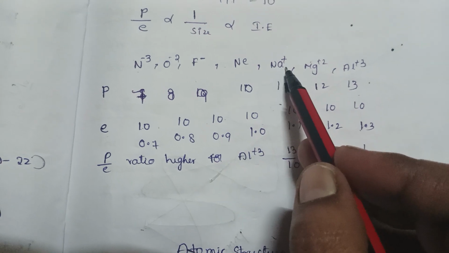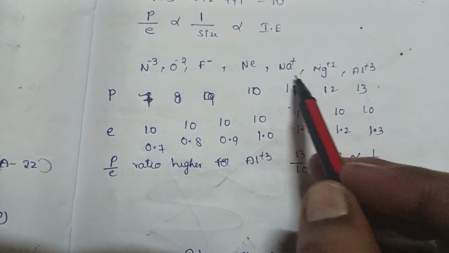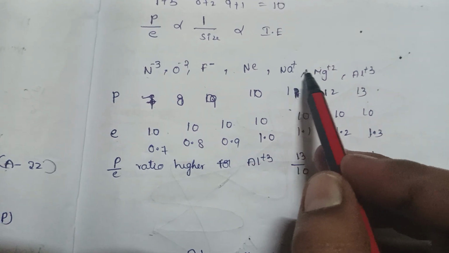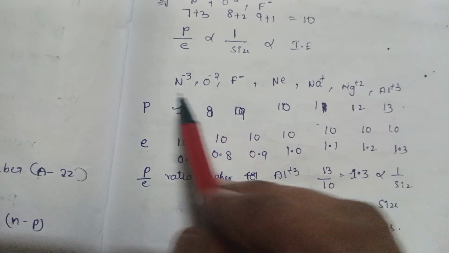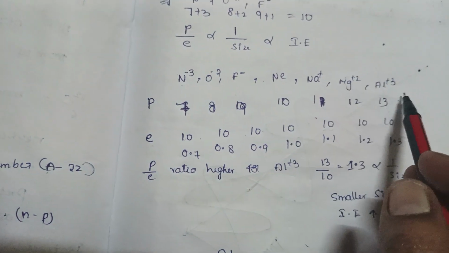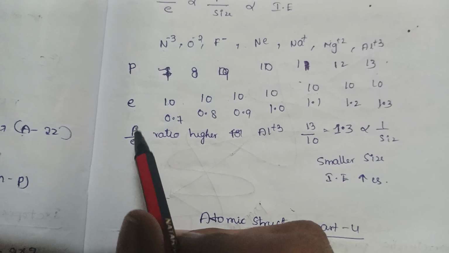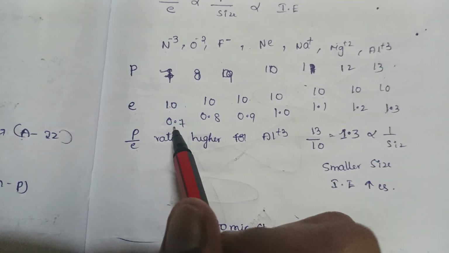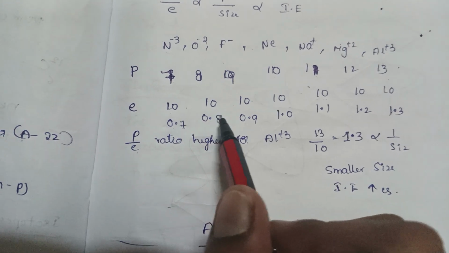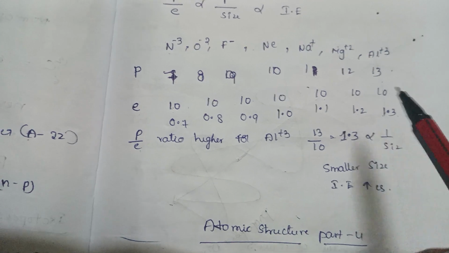Here for sodium atomic number is 11, but for a positive charge we have to subtract 1 from the atomic number, so we got 10. These are the isoelectronic species. The P by E ratio is 10 by 7, we got 0.7, 0.8, 0.9, 1, 1.1, 1.2, 1.3.